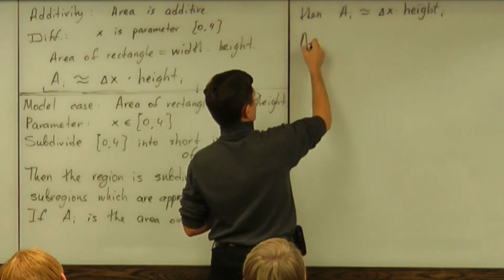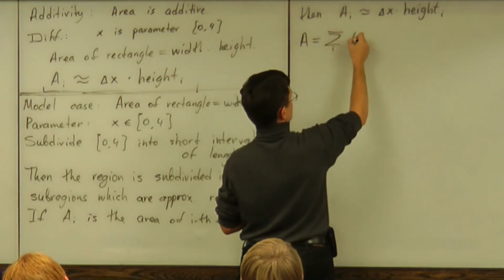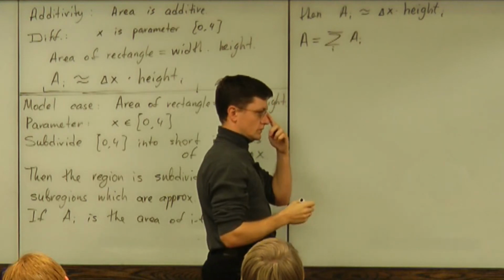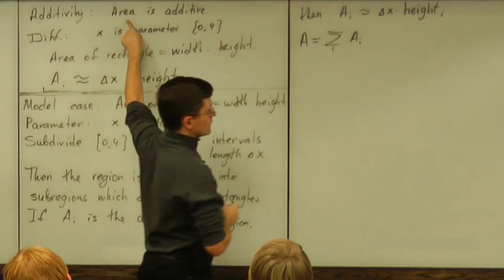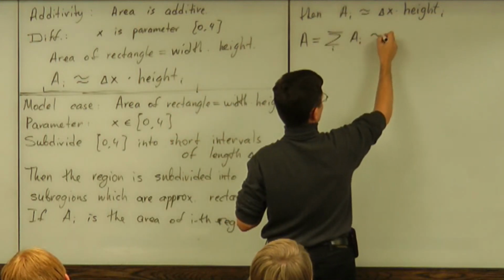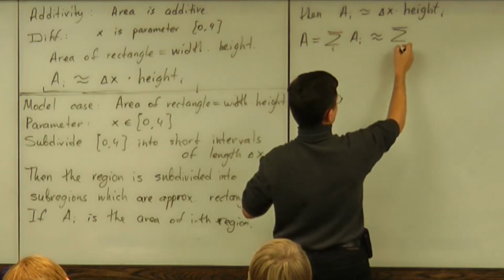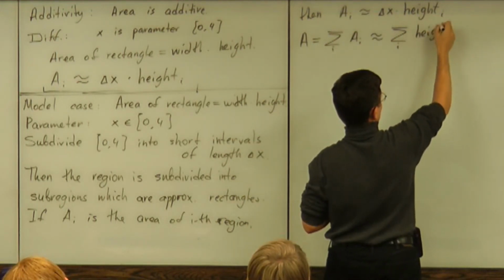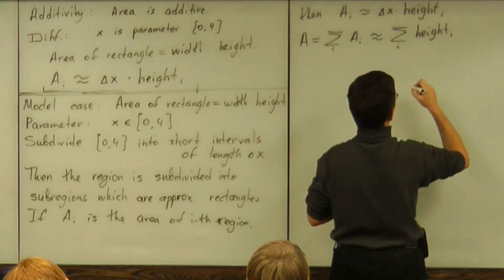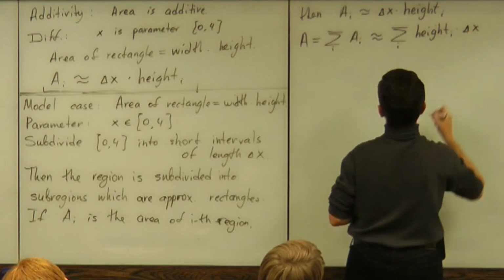And of course the total area is exactly equal to the sum over all i of my pieces, and this is exactly the additivity. And then I use my approximation, saying that each area is approximately the height of the ith region times delta x.